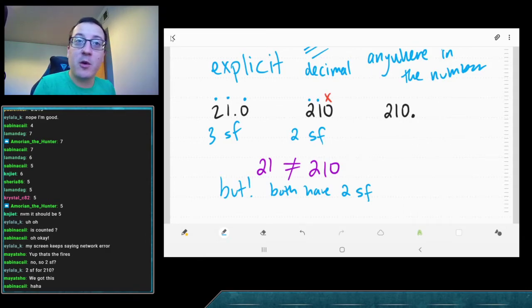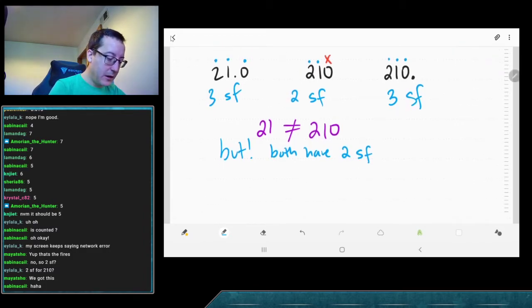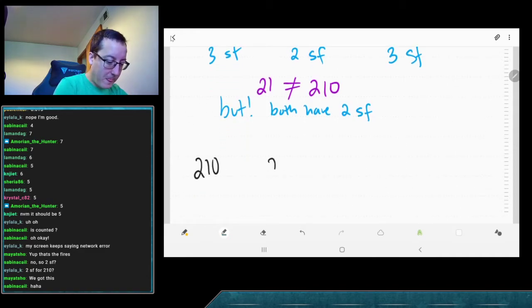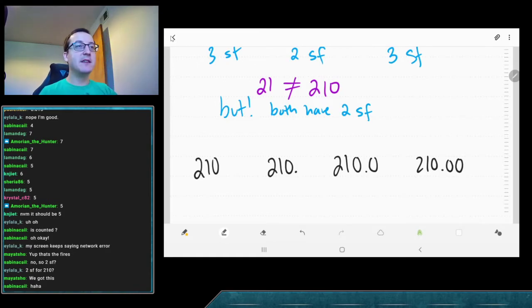However, if we wanted that 0 to be significant, we could put a decimal point. If we have a decimal point anywhere in our number, that 0 will count. So this number is 3 sig figs. And if we really wanted, we could go ahead and look at these numbers here. We're going to see mathematically, yes, these are all exactly the same number.